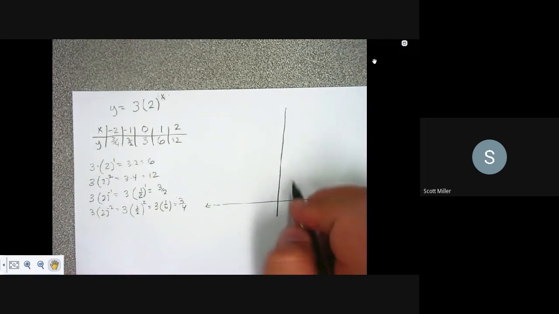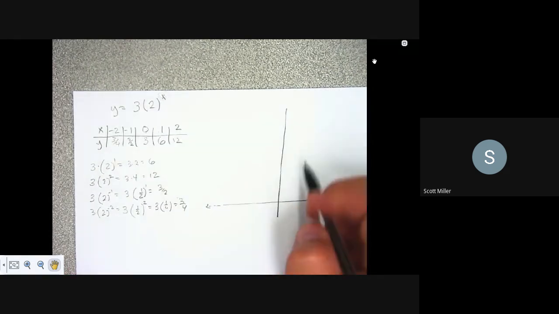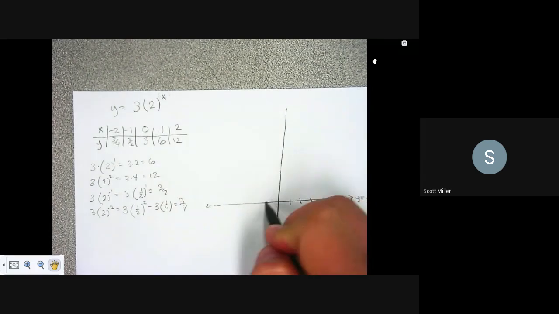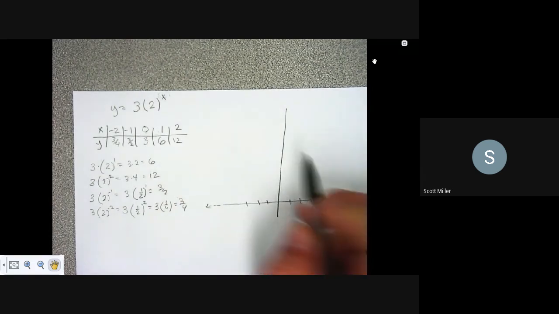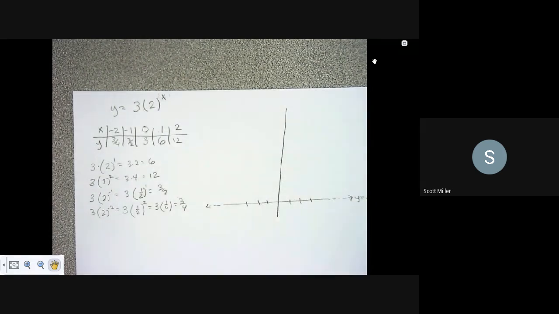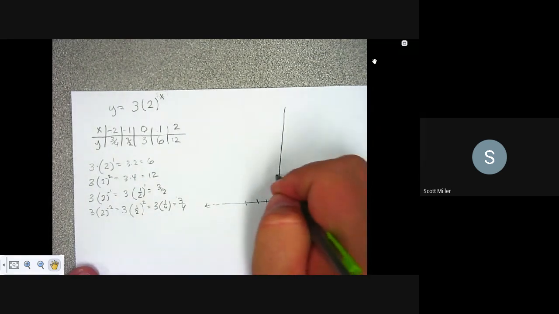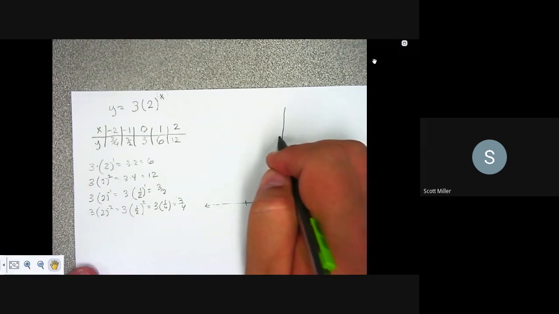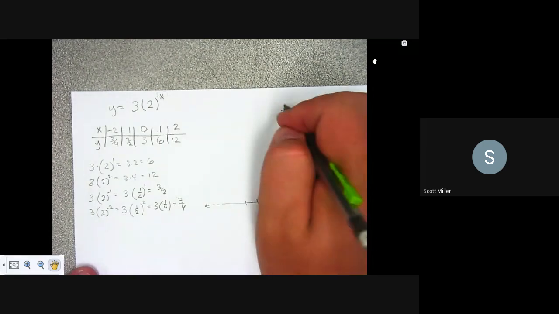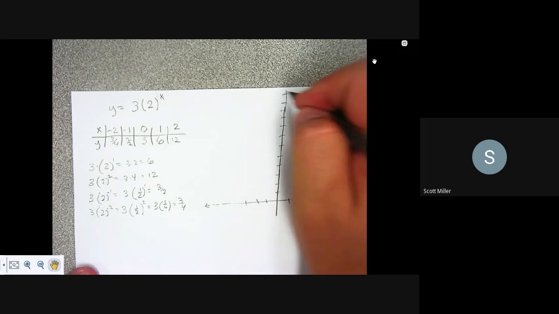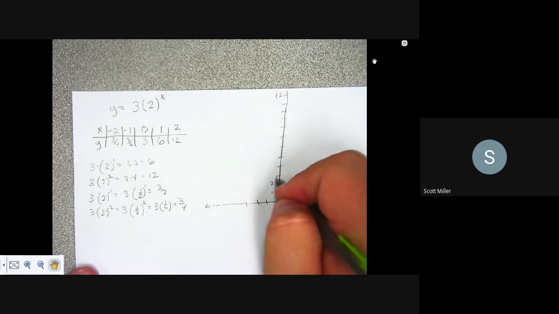Put in some numbers in here. I don't need too many because I only went out to 2. I do one more than the table does just in case I need to show the curve properly. So this is 12 up here.